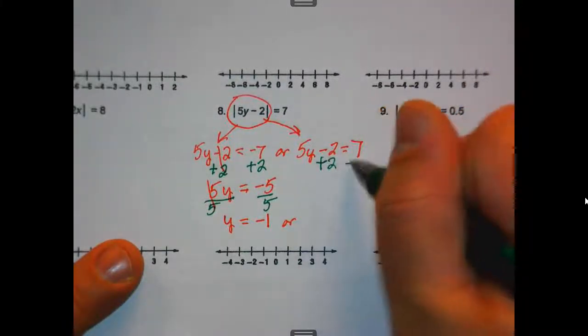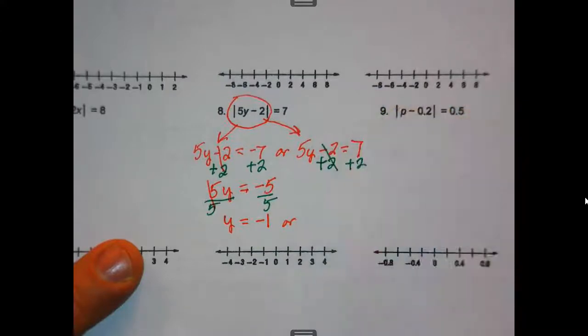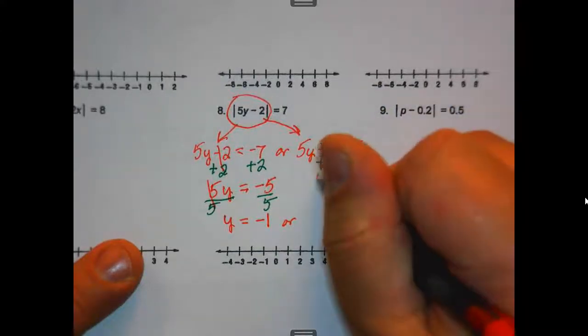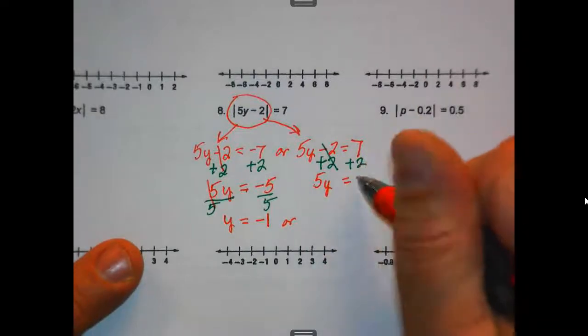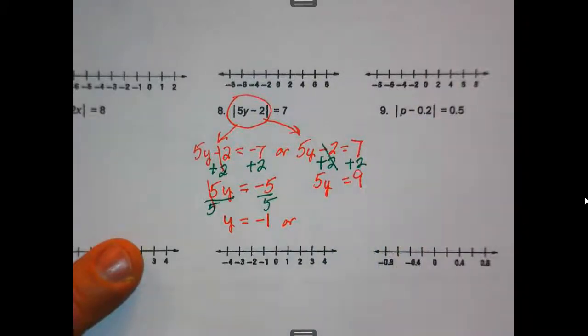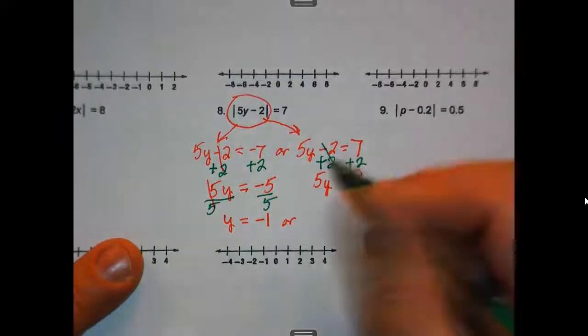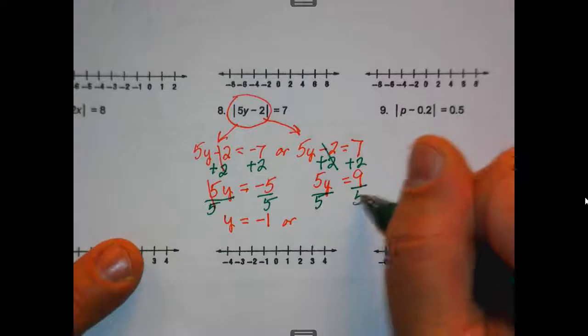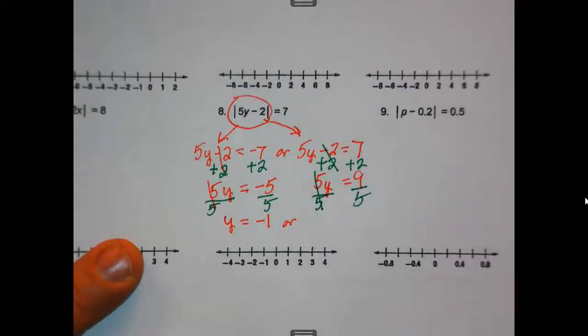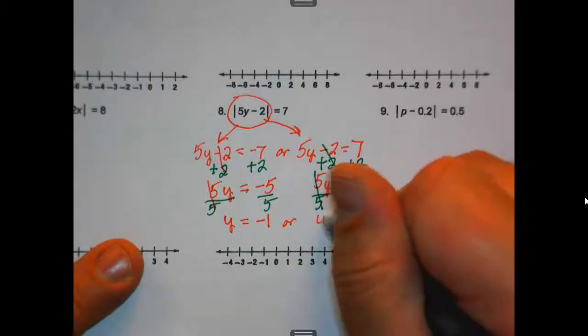add 2 to both sides, bless you. 5y equals 9. Please don't throw things in my classroom. Divide by 5, and I get y equals 9/5.